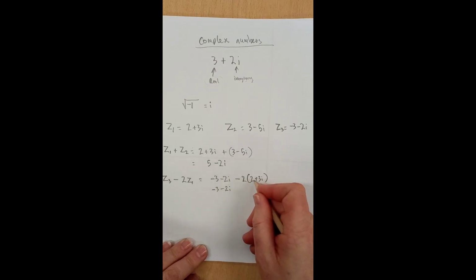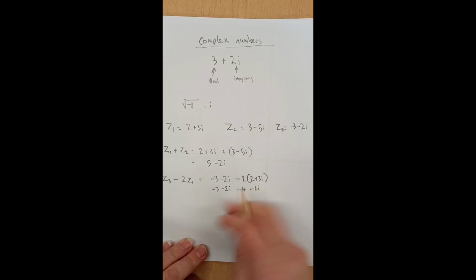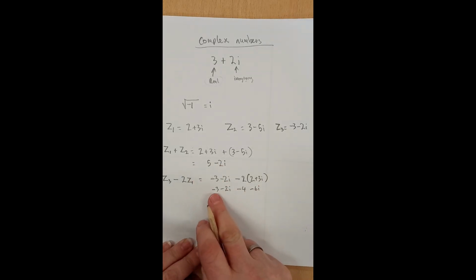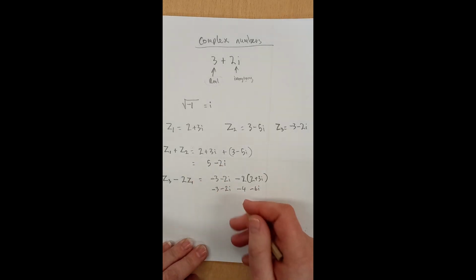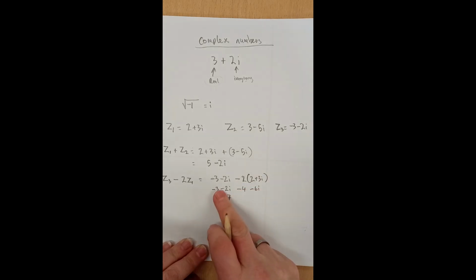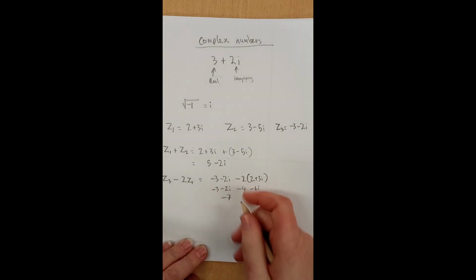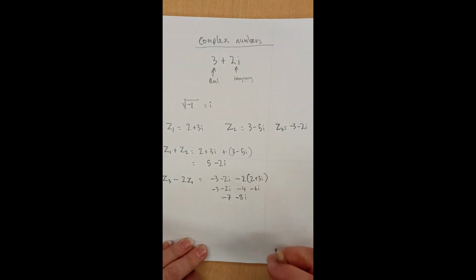Minus 2 times 2 is -4. And minus 2 times 3i is just -6i. And now I just use my rule. I add what I can add. Add the reals. -3 - 4 is -7. And add the imaginaries. -2 - 6 is -8i. So that's how you do subtraction.